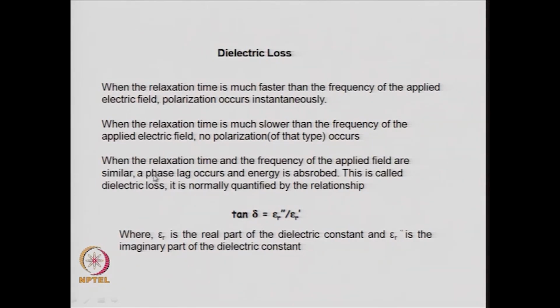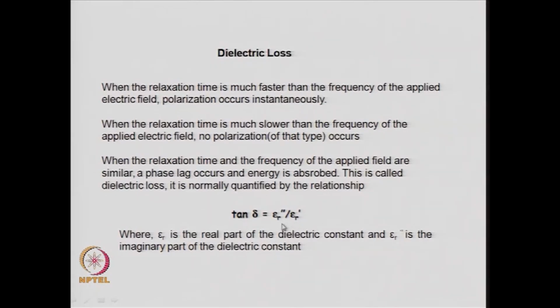Suppose the relaxation time and the frequency of the applied field are similar, then there is an absorption of energy. This absorption of energy is called a dielectric loss and is normally given by tangent of delta, which is equal to the imaginary part of the relative dielectric constant divided by the real part of the relative dielectric constant.